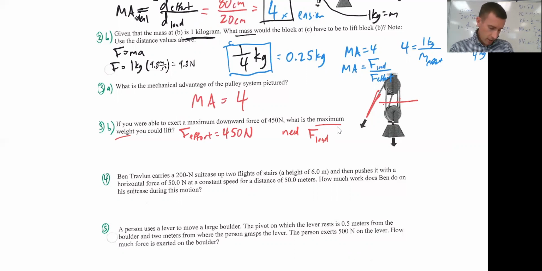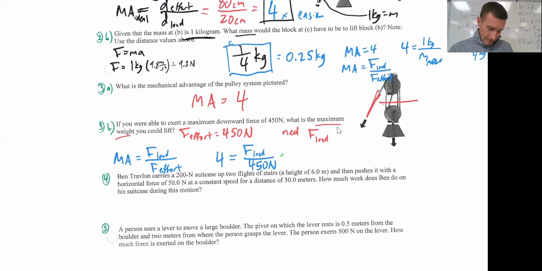So let's use an equation. Mechanical advantage, the one with forces, equals force load over force effort. Mechanical advantage is 4 equals force of the load over 450 newtons.